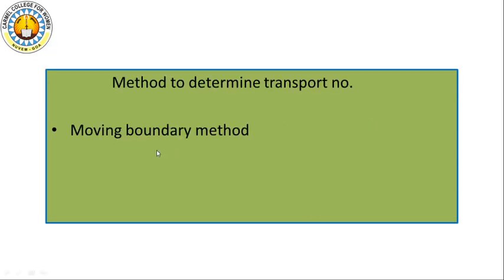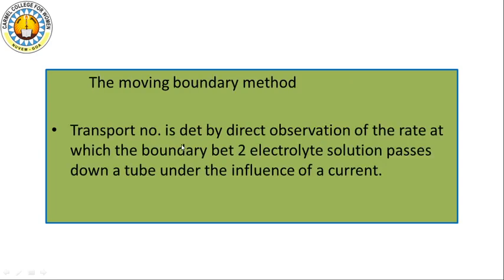Now, the method to determine the transport number. How are we going to determine this transport number? By using what is called the moving boundary method. In the moving boundary method, the transport number is directly observed as the rate at which the boundary between the two electrolyte solutions passes down a tube under the influence of current.